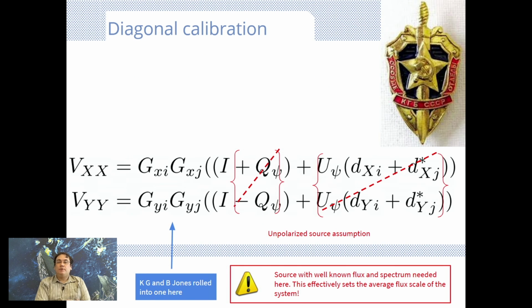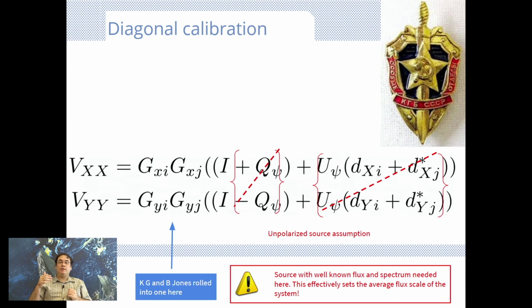All right, so going into how we actually solve for these various gain terms. If we assume that the leakages are really almost negligible, so percent level leakages, then we can focus primarily first on our diagonal calibration problem. Now let's linearize the RIME that we described earlier.